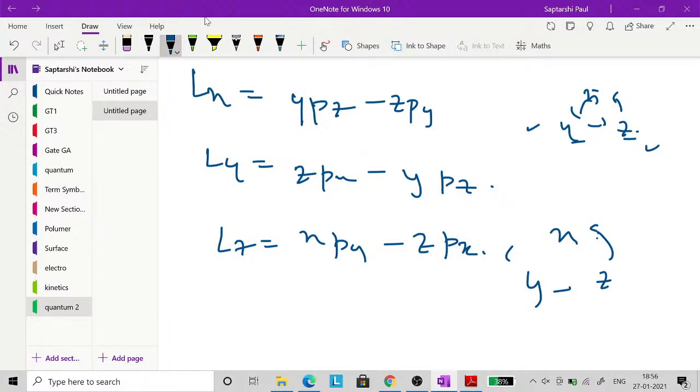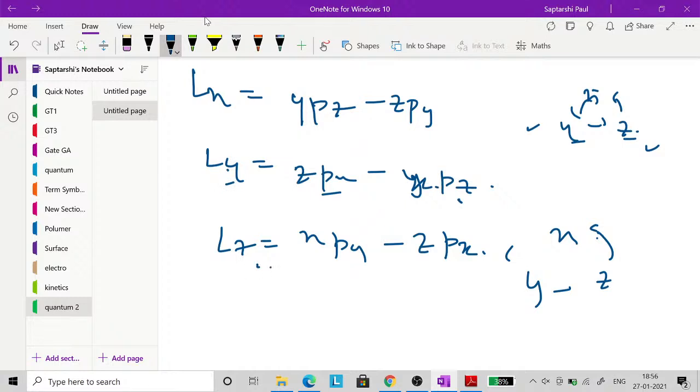Okay, I made a mistake. It's not like this actually. Ly is z px minus, so this is px, right? So the other has to be py, and there cannot be any y term, so this has to be x.